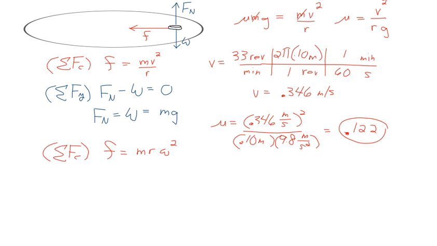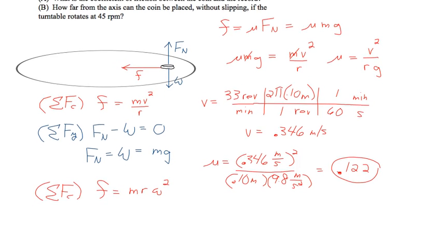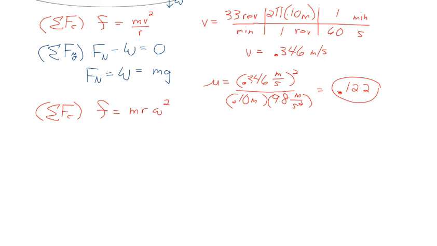Well, we now have F equals mR omega squared, and we still know that friction equals mu Fn. So friction equals mR omega squared, but friction also equals mu mg.